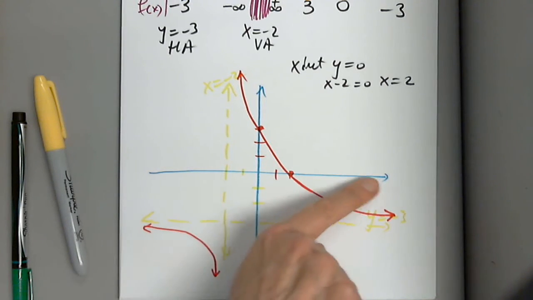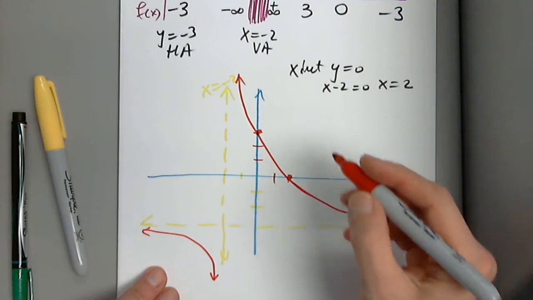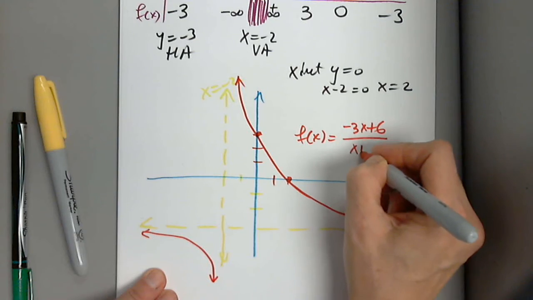As x approaches infinity, the function values get closer and closer to -3. So this is the function f of x equals (-3x plus 6) over (x plus 2).